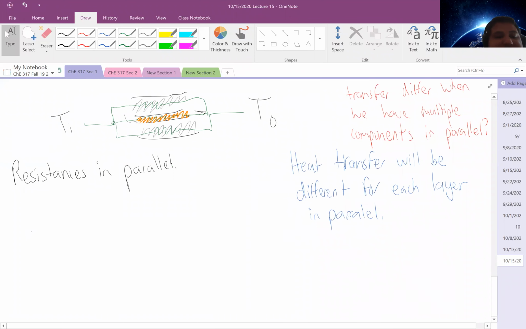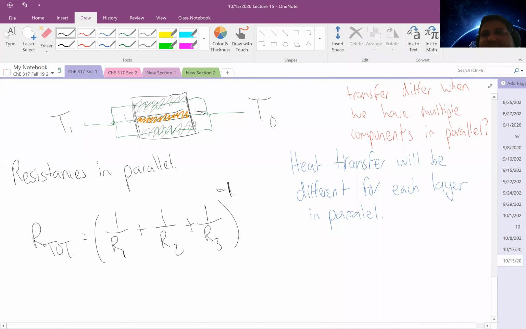What I can find is that the total resistance through this section or slice that I have here is going to be the sum of the inverses of each layer's resistance, taken to the inverse, right? So just like solving for the total electrical resistance in parallel, we can sum the total thermal resistances in a similar fashion, right?